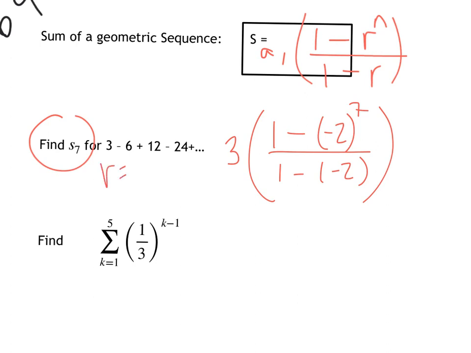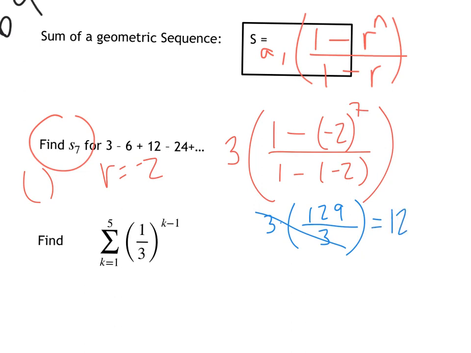My ratio over here is -2. Very important that we use parentheses all the time in these problems for our computation. That leaves me with 3 times, when I use my calculator here, I get 129 on the top, and on the bottom I get 3. Because I'm multiplying, I can cancel the 3's and get 129. Awesome.